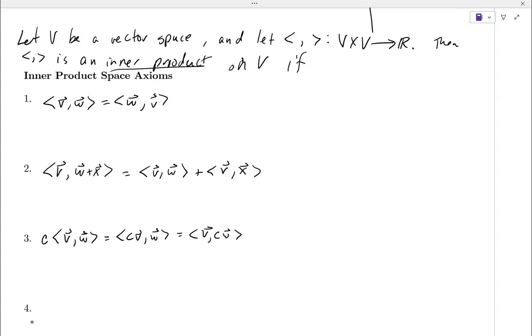All right. These are things that you would expect to have happen. I'm going to write the last one here in a second. These are things you would expect if you've already looked at dot products of Euclidean vectors. Certainly, I know I've done it for R2. For Rn, we can just extend it.